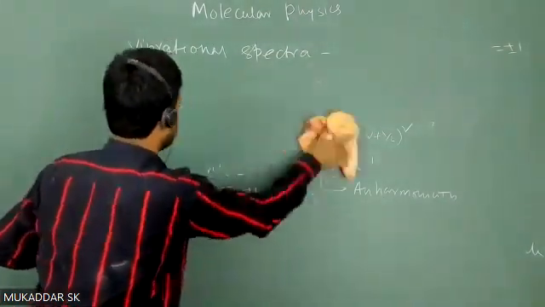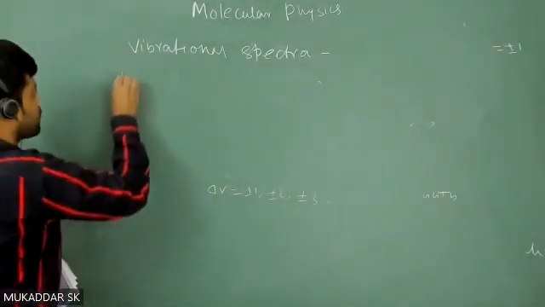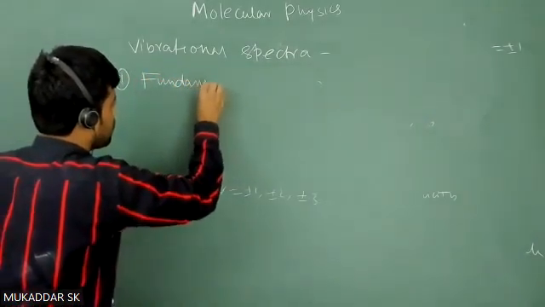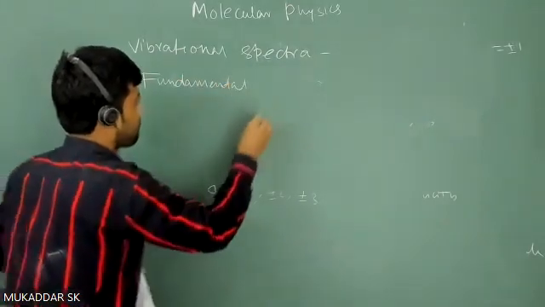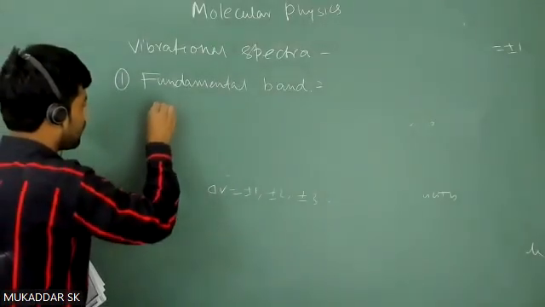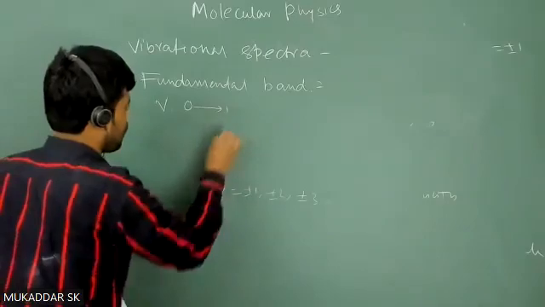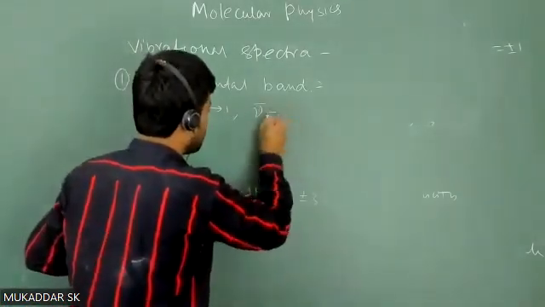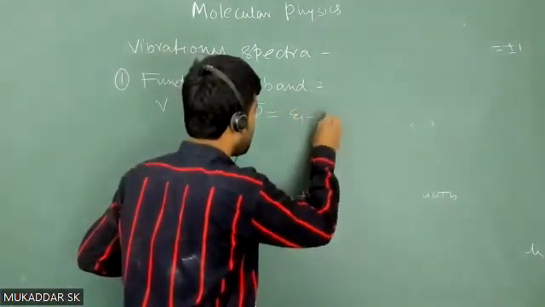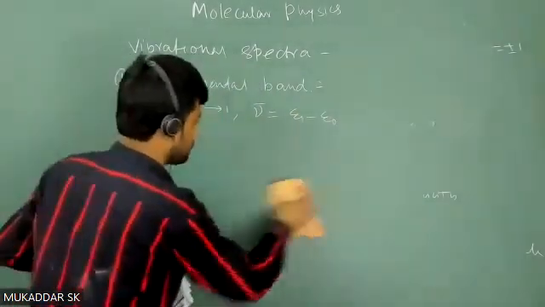So if you remember, first of all you have a fundamental band in anharmonic oscillation. The fundamental band means a transition of the molecule from 0 to 1, and the wave number of the photon associated with this transition will be epsilon 1 minus epsilon 0, where 1 is a vibrational quantum number, as 0 is also a vibrational quantum number.